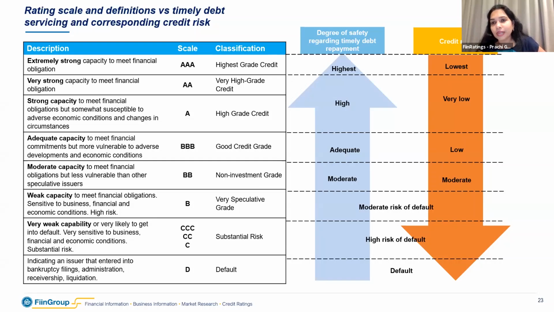And if there's a company, let's say, which is rated at a much lower level in the speculative grade, let's say for the sake of discussion, it's rated at a B level, we would say that the risk of default in this company is high, as the safety or the ability to repay debt on a timely basis is low. So gradually, as you go down the rating scale, the credit risk would increase and the ability of the company to service its debt in a timely manner would reduce.